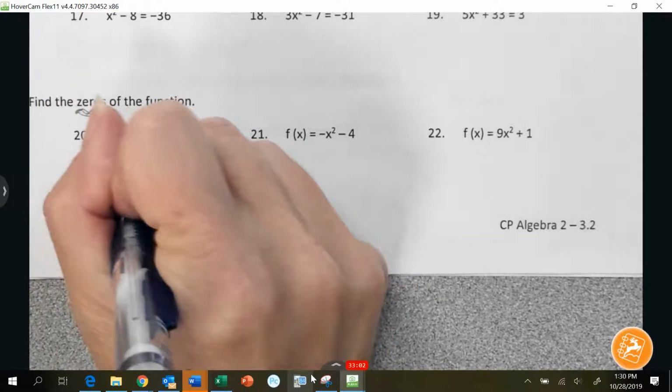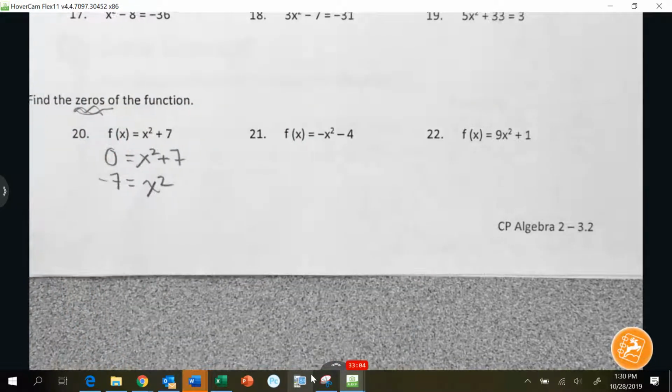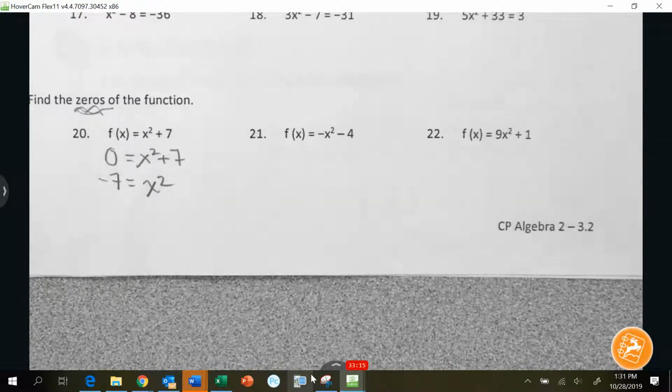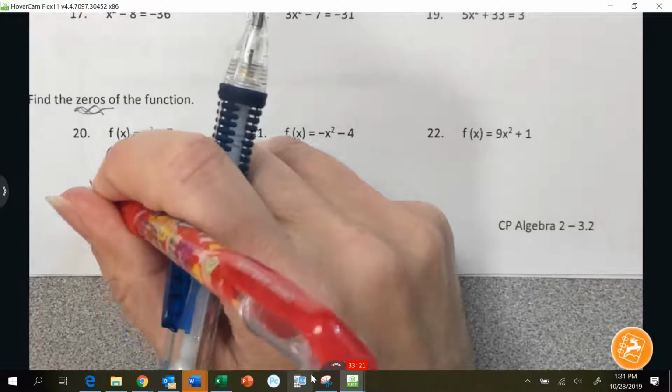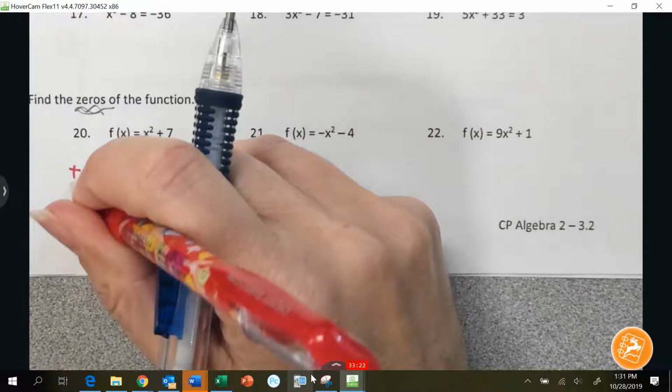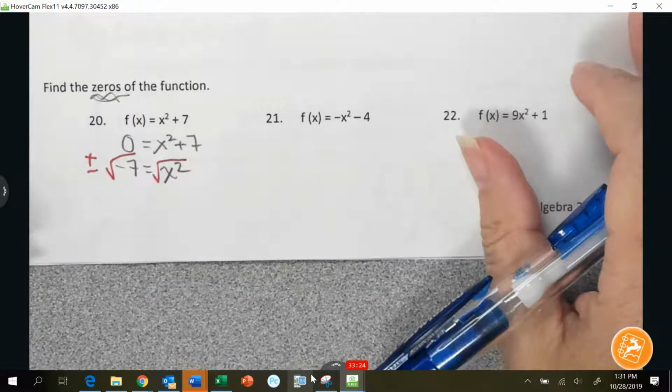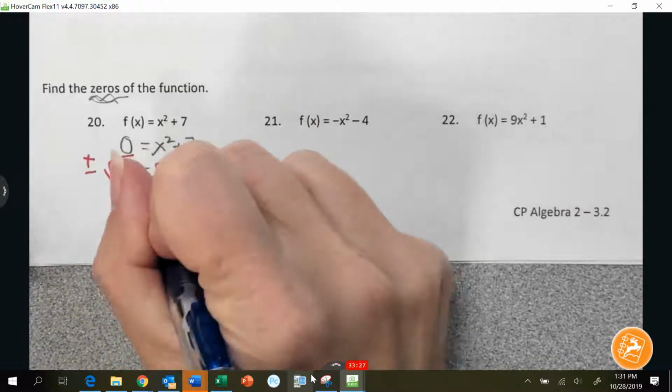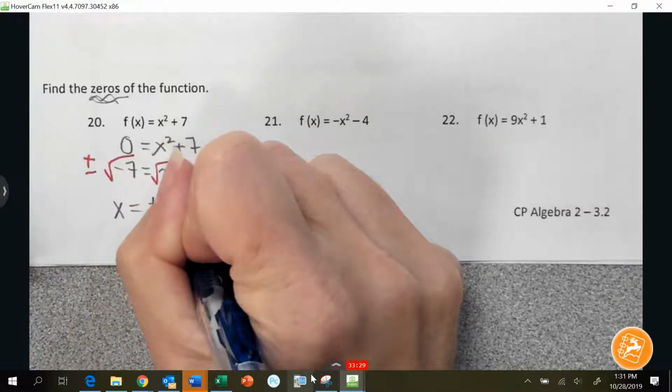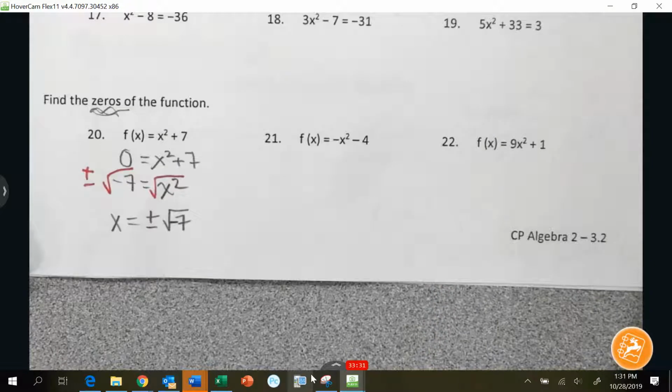I'm going to get -7 equals x squared. Juan, what should I do? Okay, but there's something more I've got to do. Plus minus when I square root it. So I'm going to have x equals plus minus square root 7. Nope, square root -7.